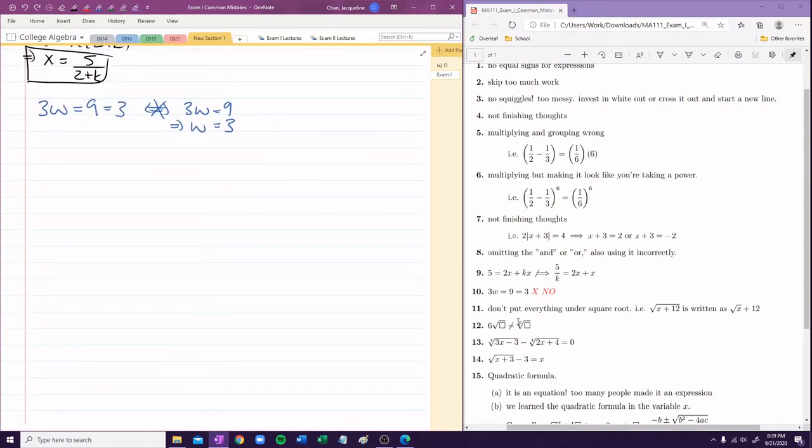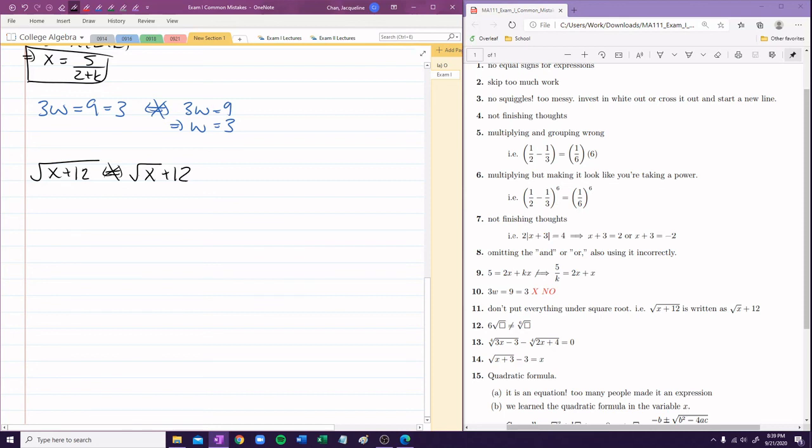Another thing: some people don't put everything under the square root. For example, if you're supposed to write the square root of x plus 12, some people write the square root of x, plus 12. These two are not equivalent.